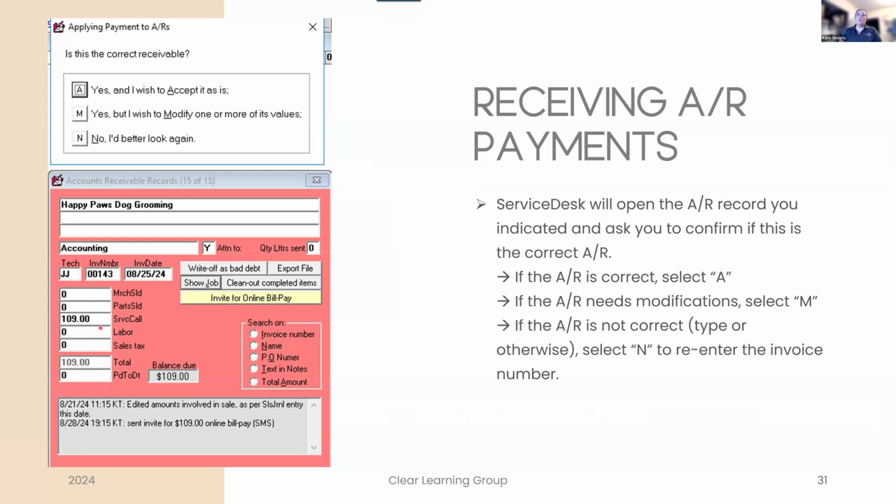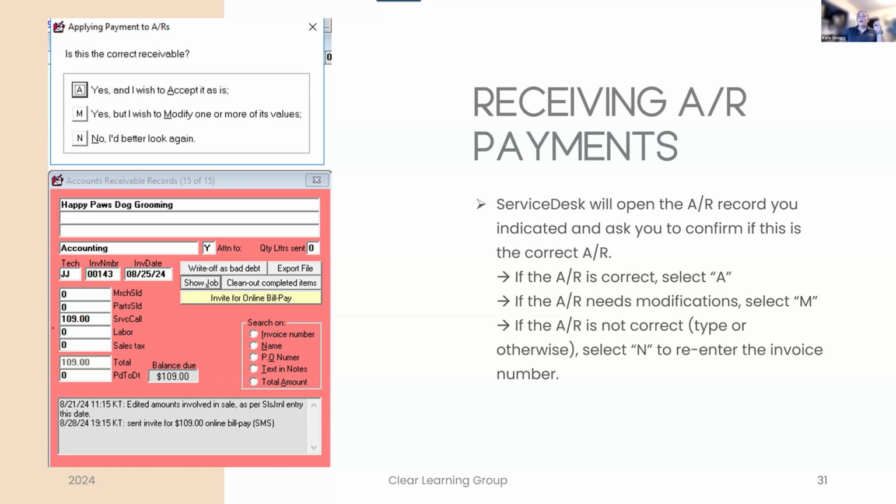So there's two things you could do with this. You could create an EDA for that extra 95 cents, or we could come in here and adjust this service call fee to $109.95 to account for that extra amount of money the customer wrote us a check for. Or you could write the customer a check for 95 cents and send it back to them. There's a couple different things you could do to handle this.